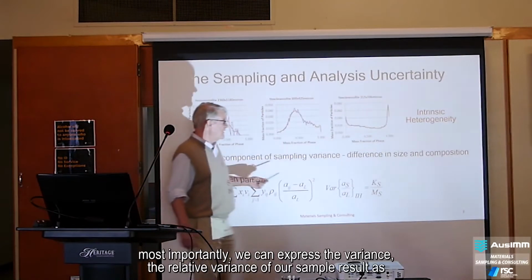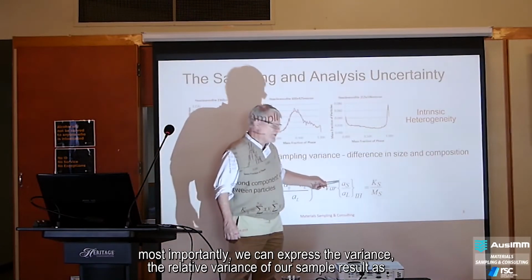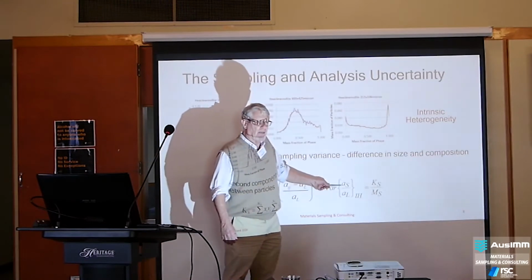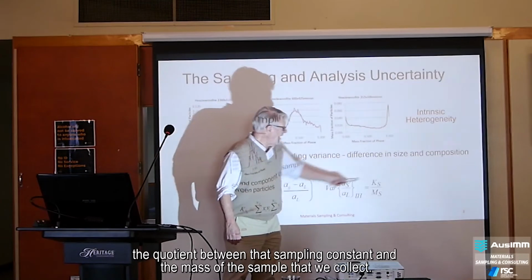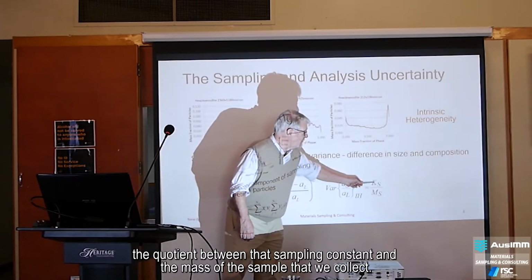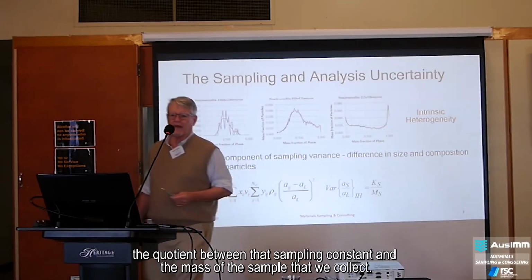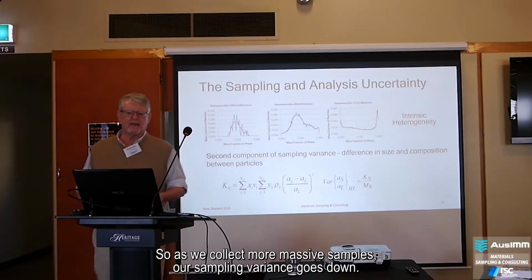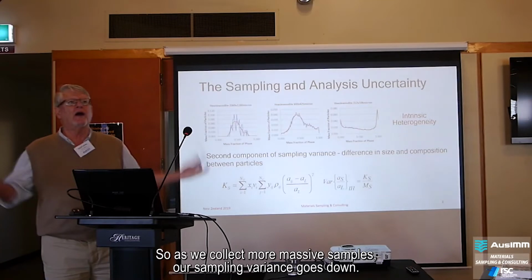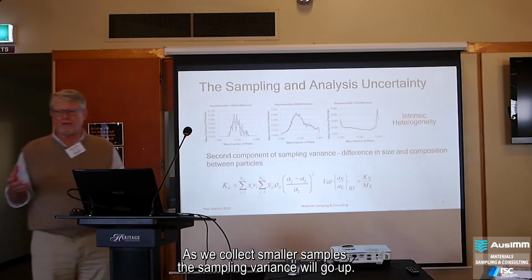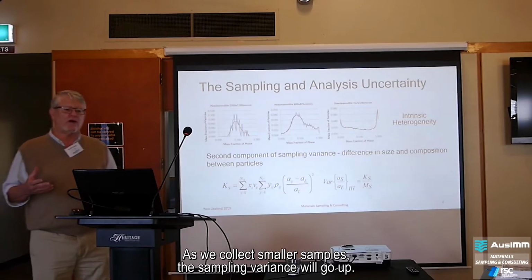And most importantly, we can express the relative variance of our sample result as the quotient between the sampling constant and the mass of the sample that we collect. So as we collect more massive samples, our sampling variance goes down. As we collect smaller samples, the sampling variance will go up.